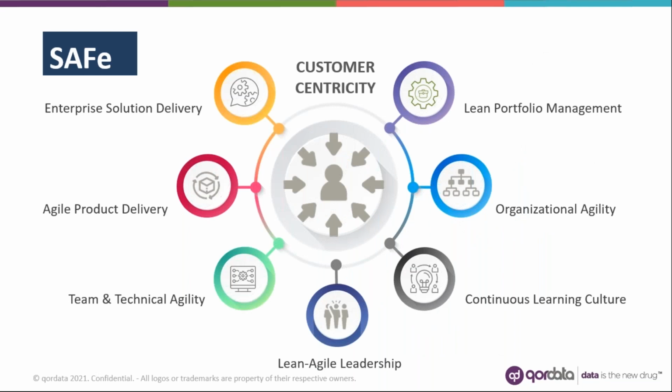SAFe provides the operating system for organizations to achieve business agility through these 7 core competencies of the lean enterprise: team and technical agility, agile product delivery, enterprise solution delivery, lean portfolio management, organizational agility, continuous learning culture, and finally lean agile leadership. It starts with team and technical agility. I will highlight each of the core values mentioned here.